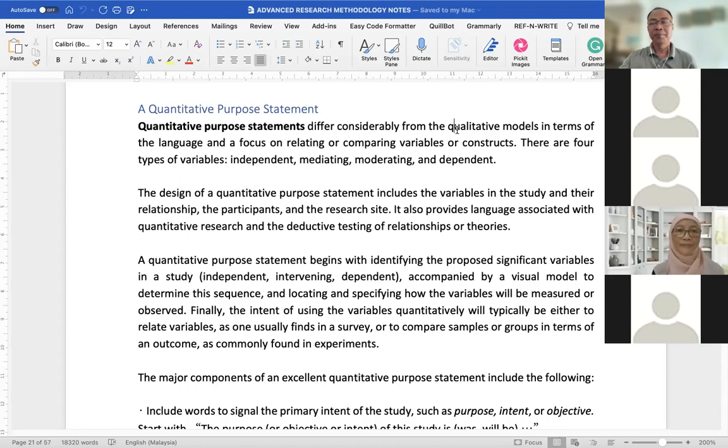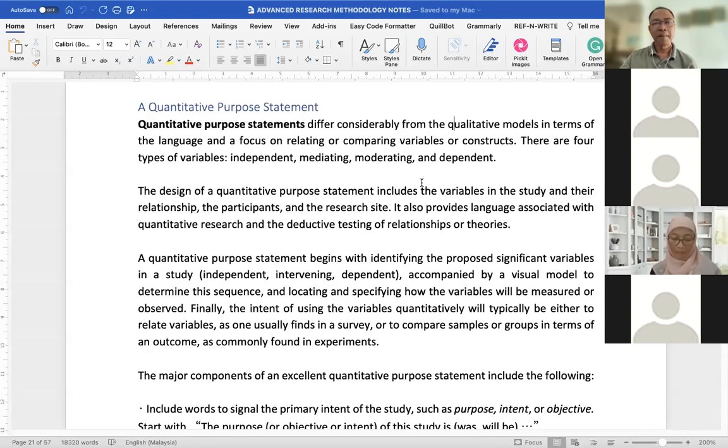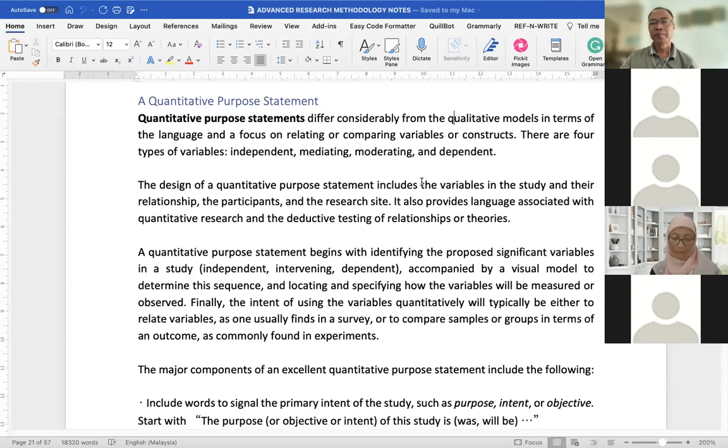Yeah, Prof. I think after we have discussed and heard your explanation, the theory, it's better that I start to choose the research type, qualitative or quantitative. Then I have to focus on the title or research problem.